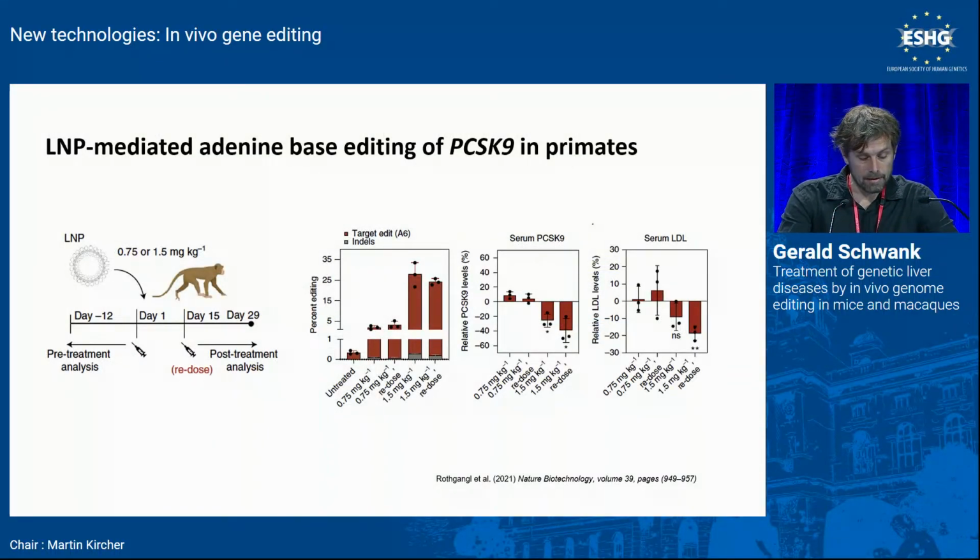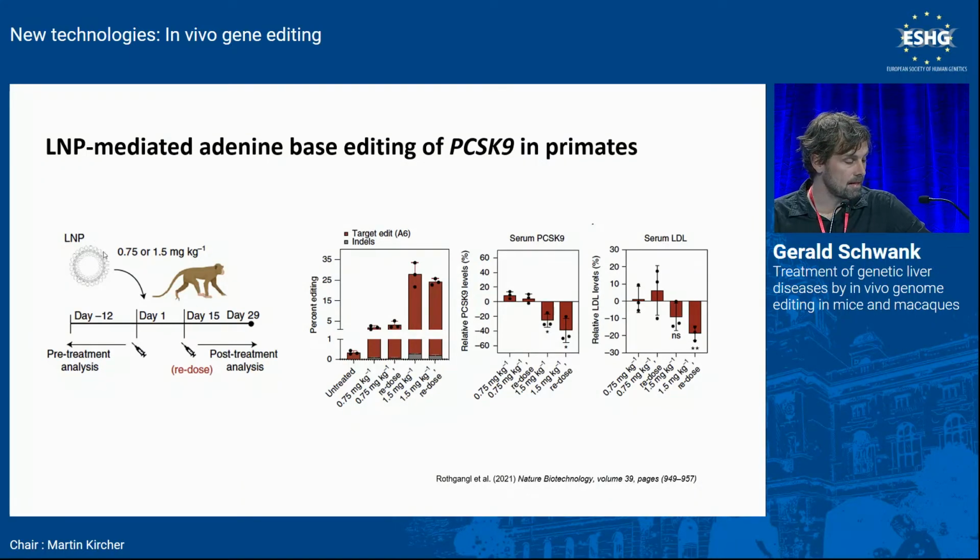Now, the nice thing about targeting PCSK9 was also that it's a wild-type gene. We targeted a wild-type gene, so one does not need to generate transgenic animal models to test that system. And that actually allowed us, together with Acuitas Therapeutics, to test that approach in non-human primates.